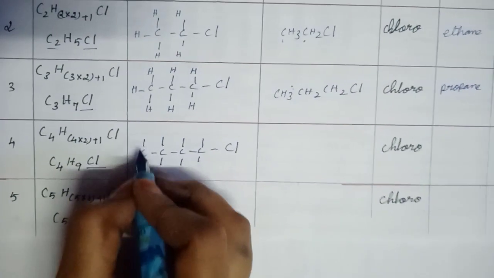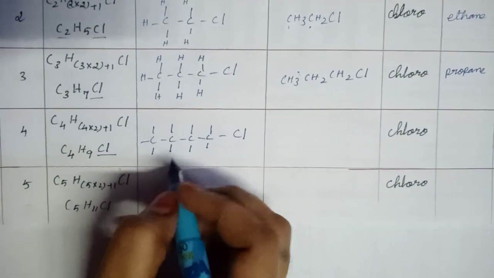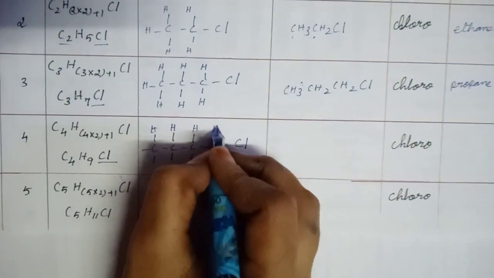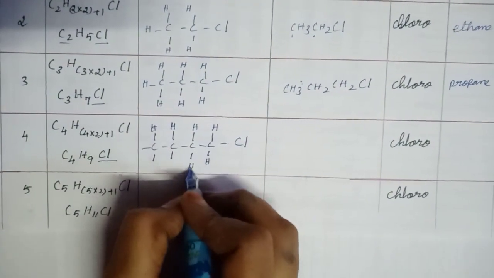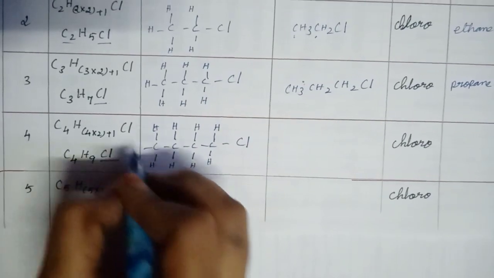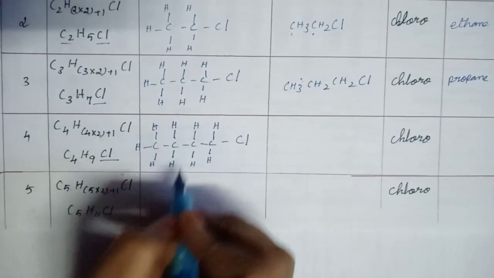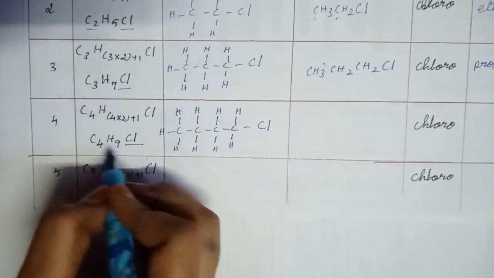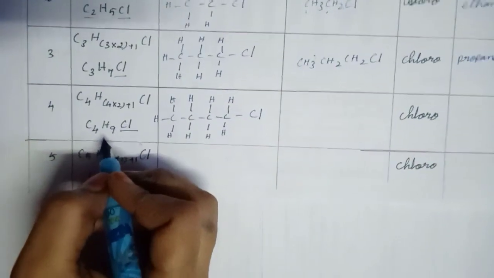This carbon needs 3 bonds for satisfying tetravalency. This is the place for hydrogen. Totally 9 hydrogen. You check the hydrogen with the molecular formula.